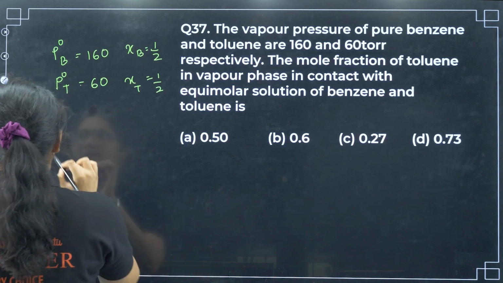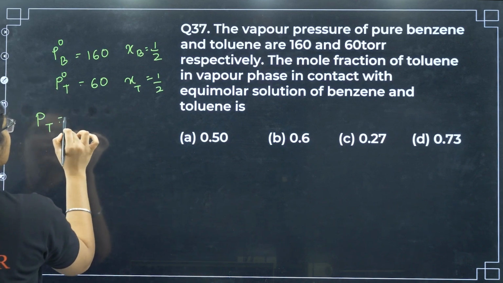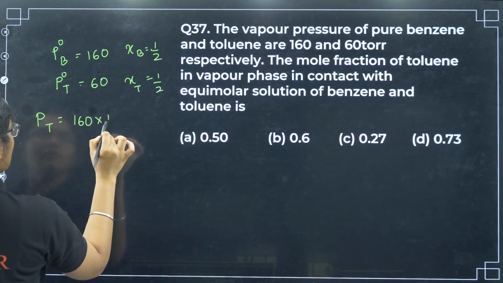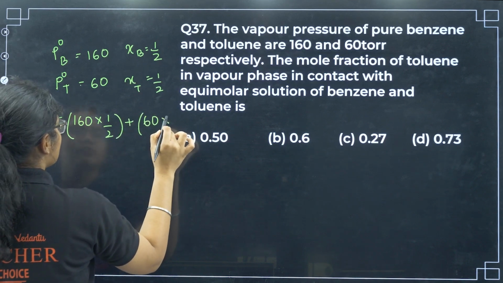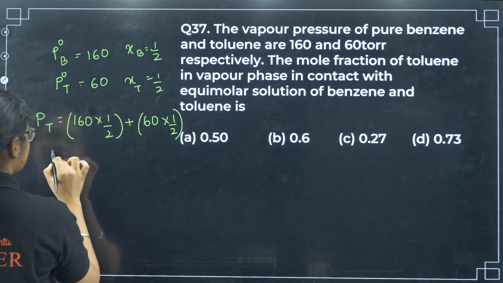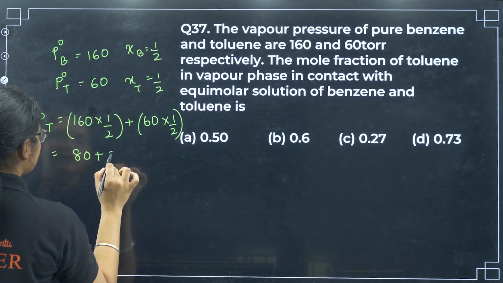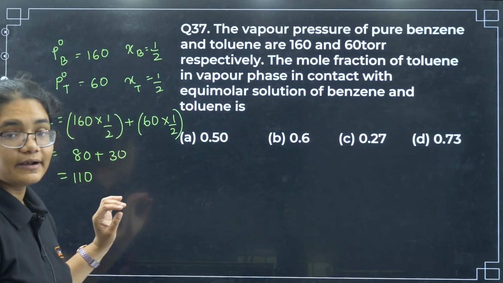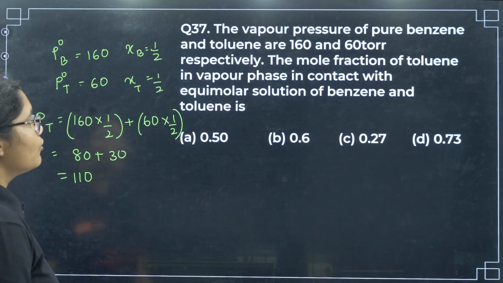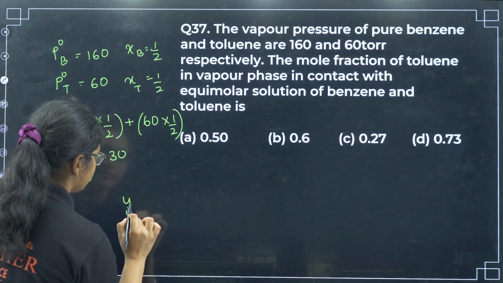Now what is the total pressure here? P total is equal to 160 into 1 by 2 plus 60 into 1 by 2, so that will give me 80 plus 30, that is equal to 110. Total pressure is 110.